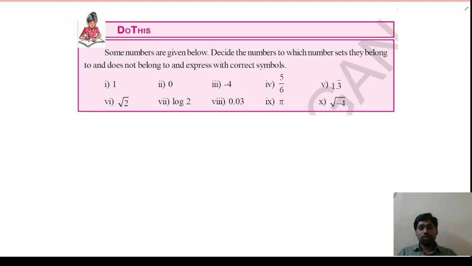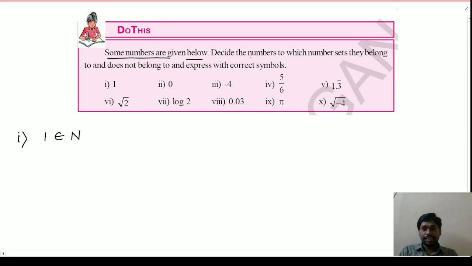This is one more question. You have to see the number and write what it belongs to. I will read the question and make you understand. Some numbers are given below.